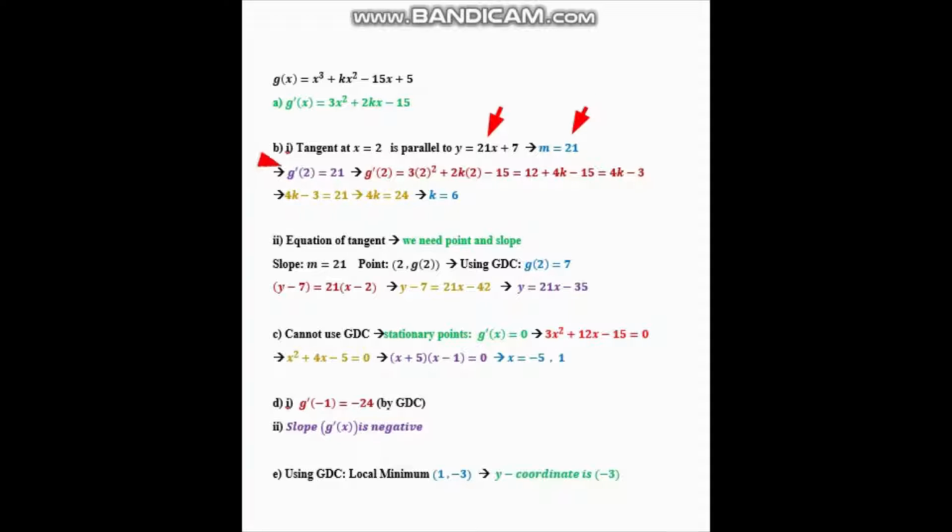Hence g dash equals 21 when x equals 2. Hence I shall plug 2 into g dash, getting an equation in k. Then I shall equate this expression 4k minus 3 to 21. Hence 4k minus 3 is 21. Hence k equals 6.